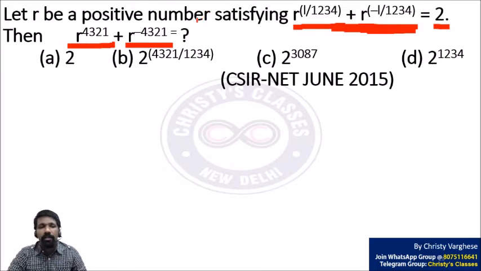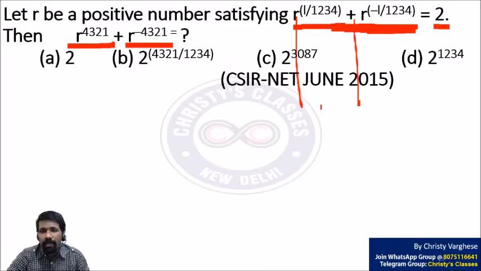In the shortcut methods class I told you, you can take examples for some question which will solve the question much easier. Examples means just think which R will satisfy this condition easily. Not mathematically think, just primary understanding about powers is enough. R raised to something plus R raised to something is equal to 2.